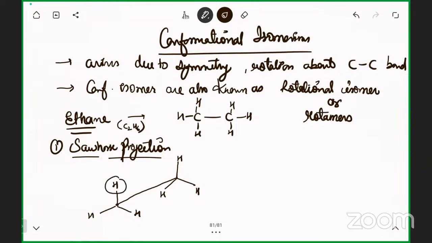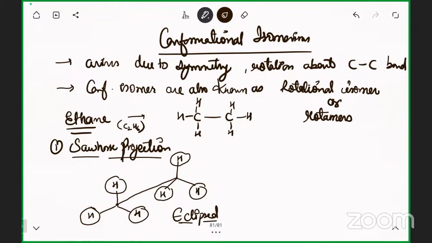This hydrogen is behind, above this particular hydrogen, and this hydrogen is in front of this carbon. When all the front hydrogens are covering up the back hydrogens, that type of projection is called sawhorse projection, and this is called the eclipsed form.